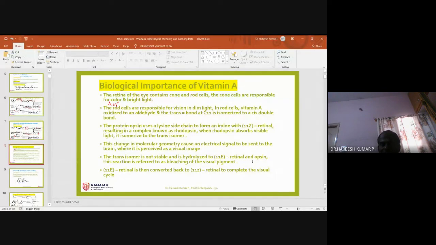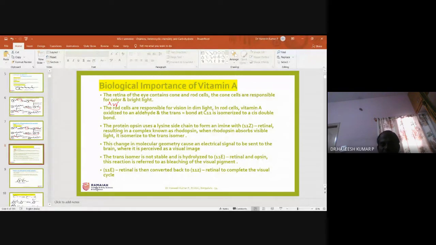So here there is a formation of rhodopsin. The side chain amino acid of the opsin reacts with the retinol, and that is hydrolyzed to get back the retinol as well as opsin.